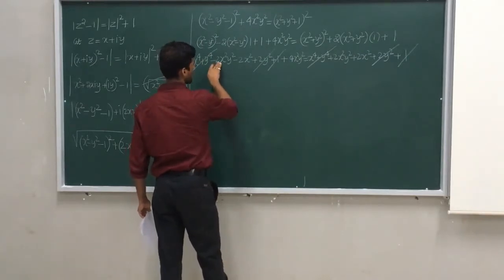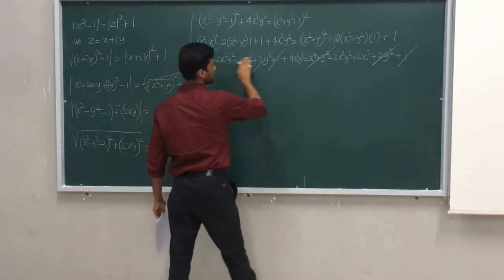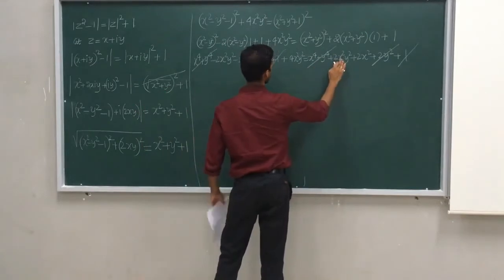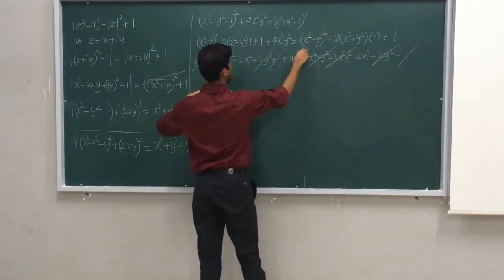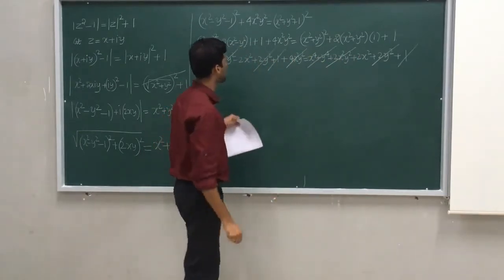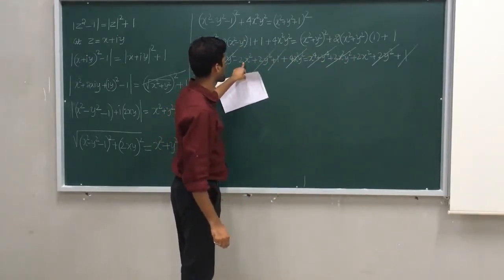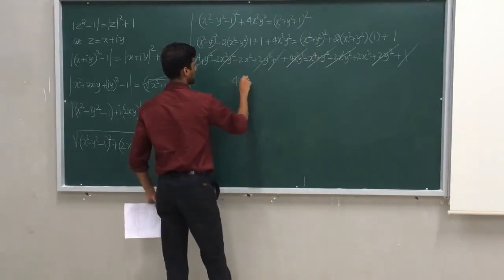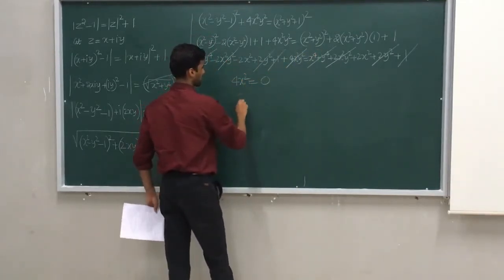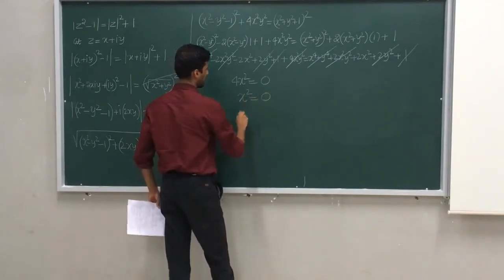If you shift the −2x²y² to this side, it becomes 2x²y², and this 2x²y² becomes 4x²y², so that this will cancel with this one. The only terms left are −2x² and 2x², which I shift this side. It becomes 4x² = 0. So 4x² = 0 means x² = 0, and the only case is x = 0.